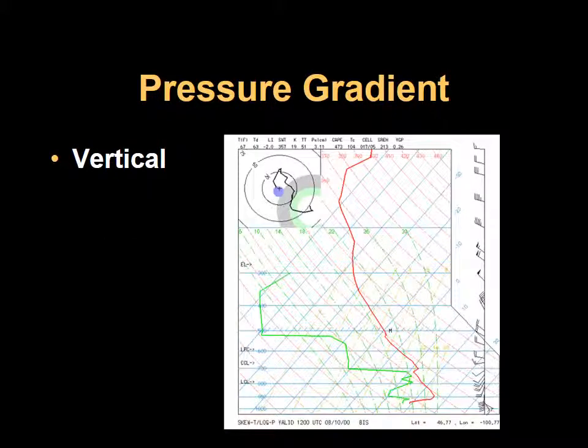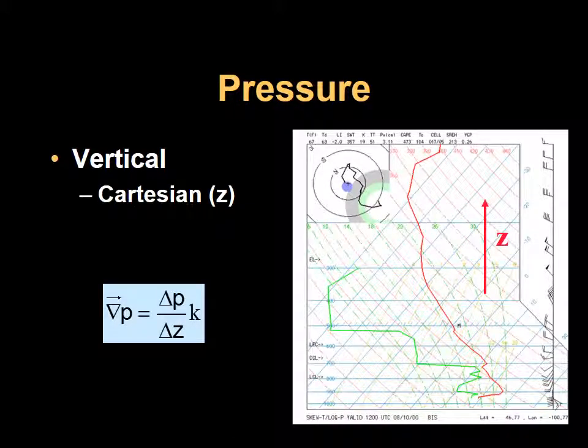But you also know that pressure changes vertically. As you go up through the atmosphere, pressure decreases. And that is a pressure gradient, actually. So if pressure changes vertically, and in our Cartesian coordinates z is our vertical axis, we can say that the vertical pressure gradient is dp dz, and the k is just a unit vector.